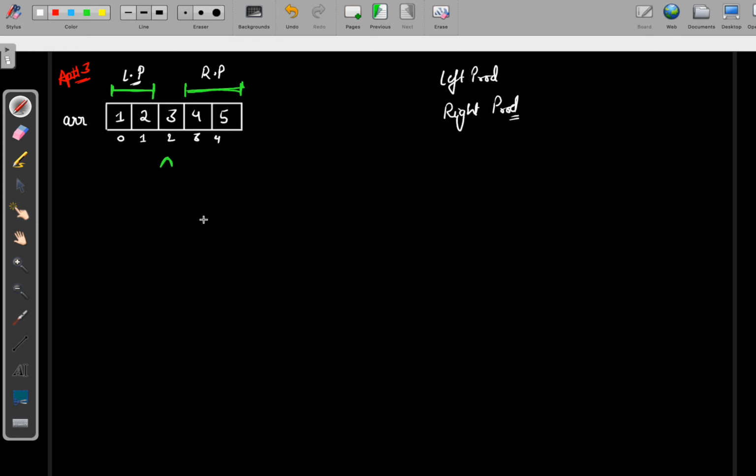Okay. So what I'm trying to say is, suppose you have taken one array, and now you are simply storing all the left products. That is, you are maintaining pre-calculations here, right? So your left product. For one, what will be the left product?